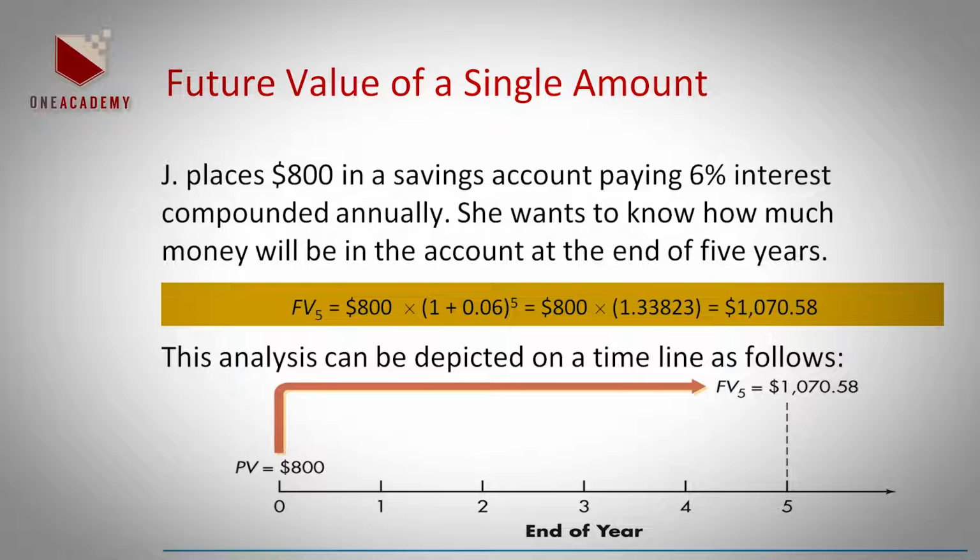So we have very simple, fairly straightforward calculations here. $800 times (1 plus 0.06), since 6% is 0.06, to the power of 5. And if we compute it, we will get the answer of $1,070.58. And this is the future value of the $800 we have today with this compounding.